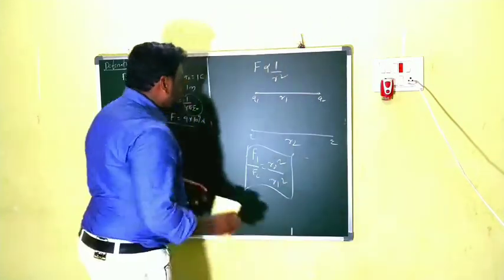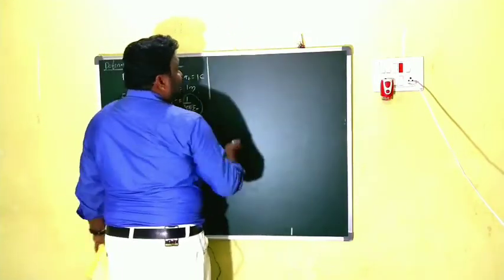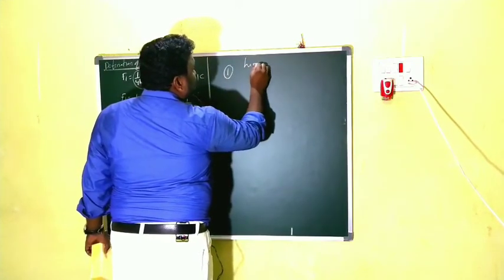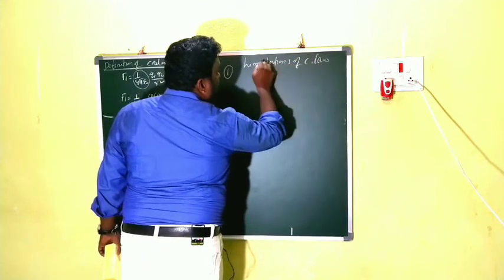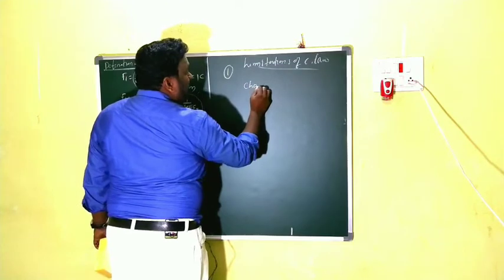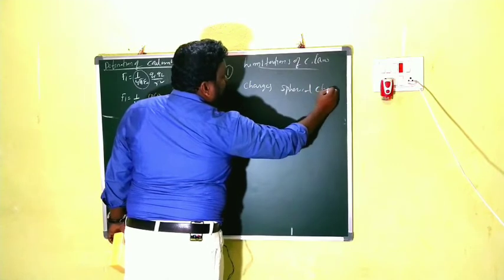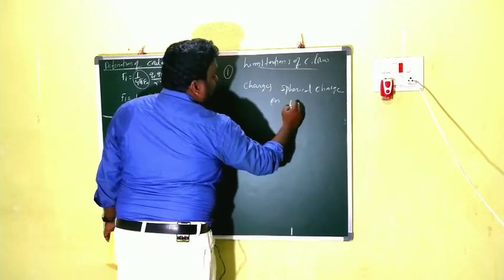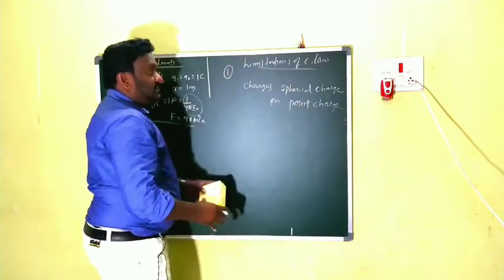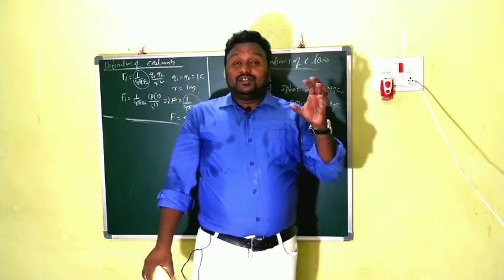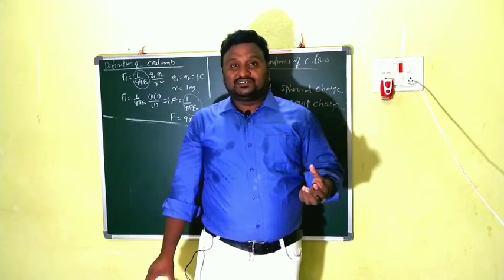Clear? After that, Coulomb's law has some limitations. So when is Coulomb's law not valid? The first limitation is that the charges we take should be spherical. Spherical metal charges seem to be like point charges. The charges must be in the form of a sphere and should be treated as point charges.